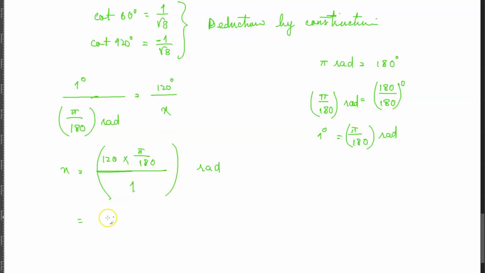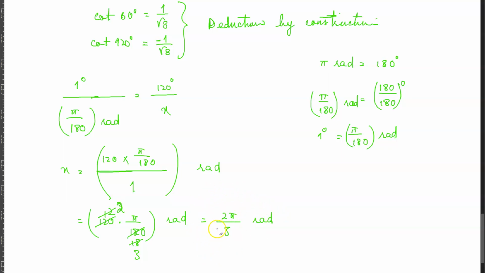Which is the same thing as 120 times pi divided by 180, all in radians: 12, 18, 6, 3, 6, 6, 2, 6, 3, which is the same thing as 2 pi by 3 radians.